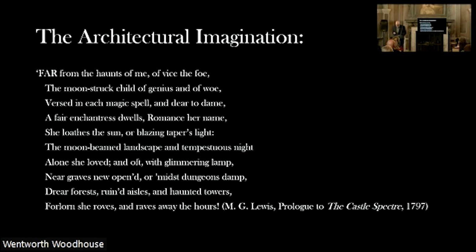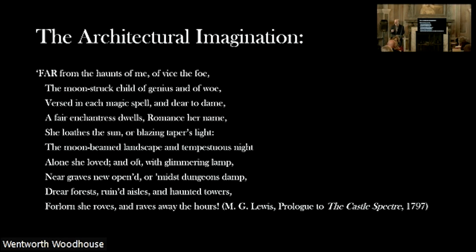Far from the haunts of men, of vice the foe, that should be men, not me, sorry about the typo. The moonstruck child of genius and of woe, versed in each magic spell and dear to dame, a fair enchantress dwells, romance her name. What is romance in this context? It means simply imaginative fiction.